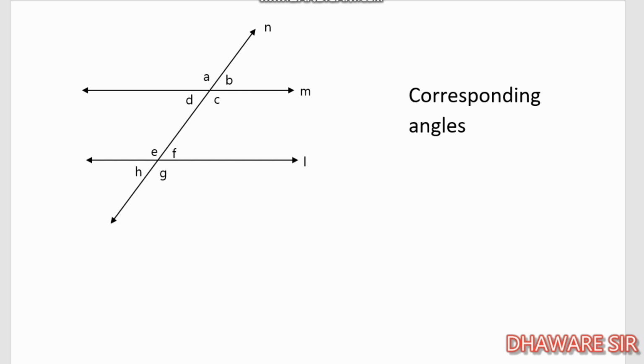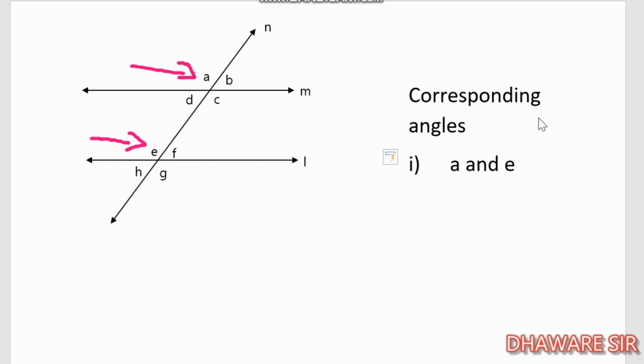Angle A and angle E. Why are these two corresponding angles? We know they are on the same side and same direction. So here is the angle A, same side and same direction having the angle E. So this is the first pair of the corresponding angles, A and E.